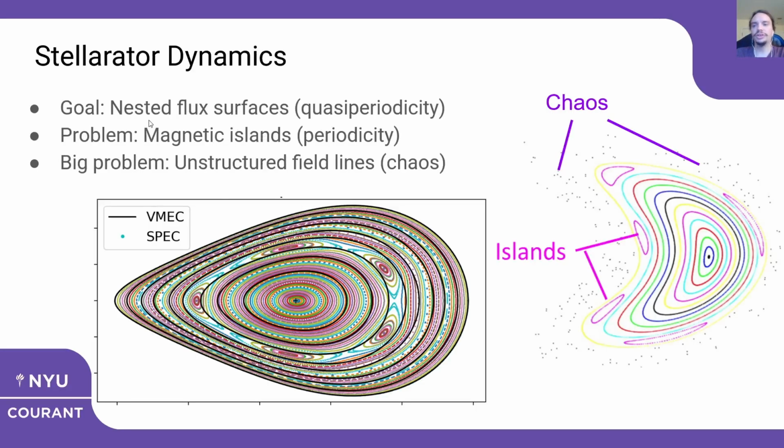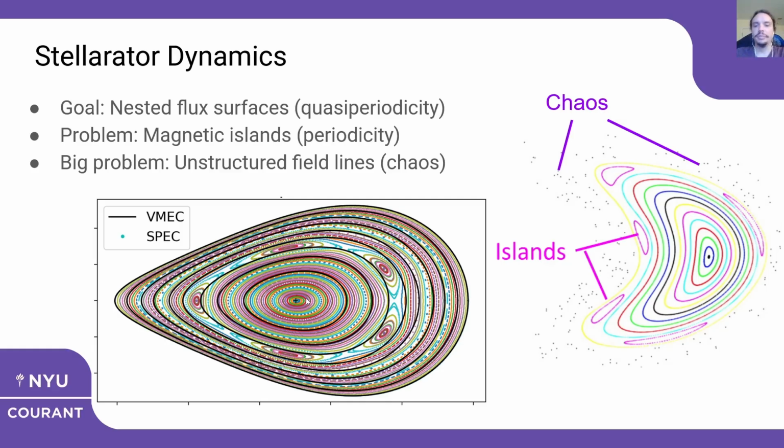Okay, so what are the dynamics inside of a stellarator? Here's a cross-section of one of these asymmetrical stellarators, and inside we see three kinds of things happen. For the most part, the magnetic field lines sort of go around in a circle. These are called flux surfaces. And if they're nicely nested from the axis at the center of the device all the way to the wall, then we say that our stellarator has nested flux surfaces.